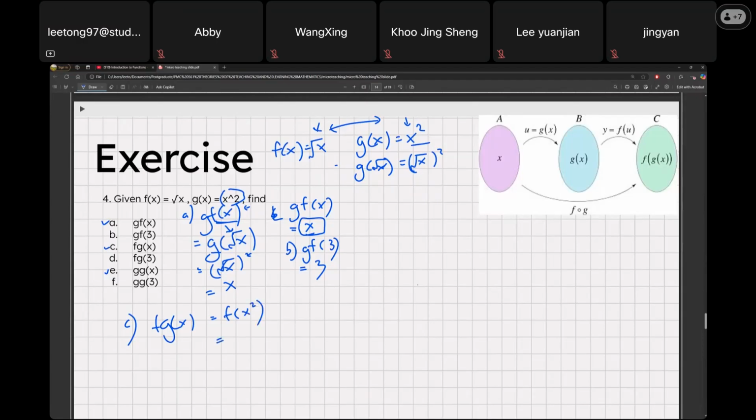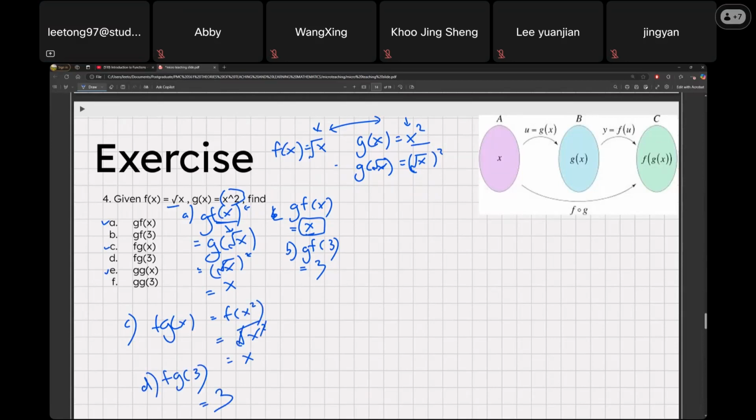Okay, and this is square root of x. They cancel each other still. Okay, x. So it's also equal to 3.